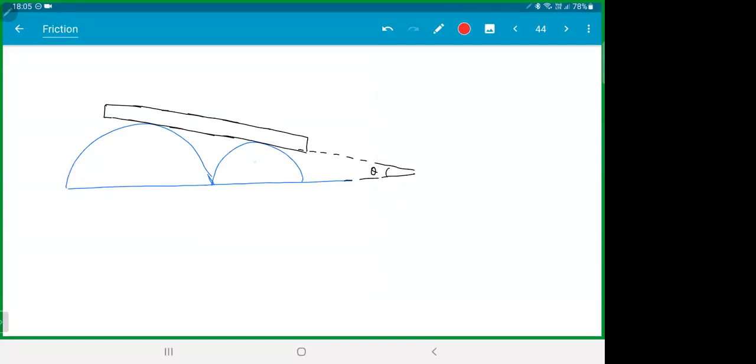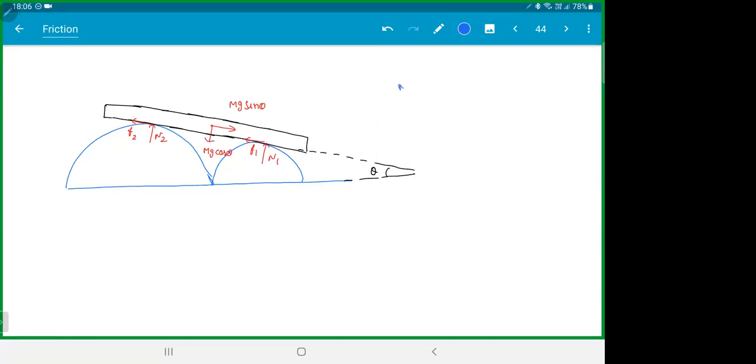So the forces will be mg sine theta, mg cos theta. This would be friction F1, this would be friction F2, this would be N2, and this would be N1.